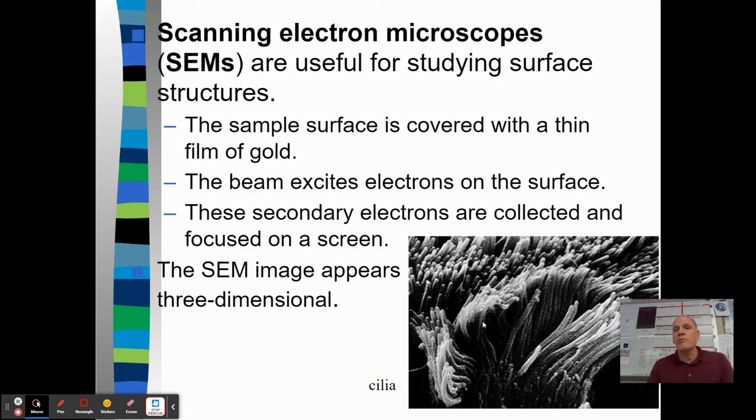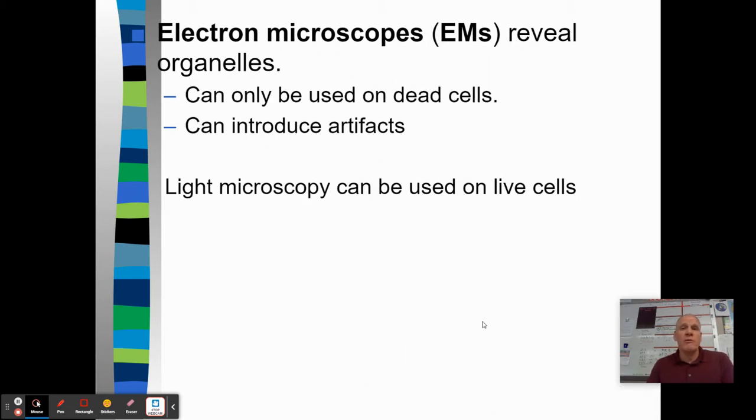They're really beautiful, especially of things like insects, and they almost look three-dimensional. One drawback of electron microscopes, however, is that you cannot look at living organisms. They have to be dead because you coat them with a thin layer of gold. With light microscopy, we can actually look at living organisms, which we're going to do next week.